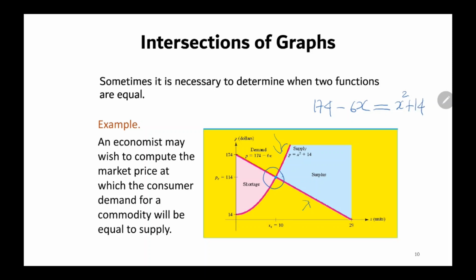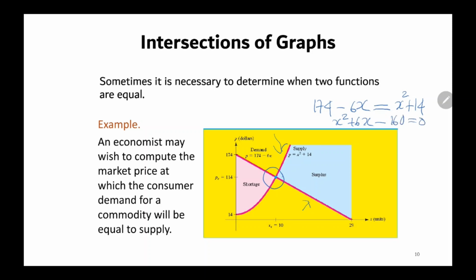And then of course, to find the points where this occurs, you have to solve this equation. So you have here x squared plus 6x minus 160 equal to 0.